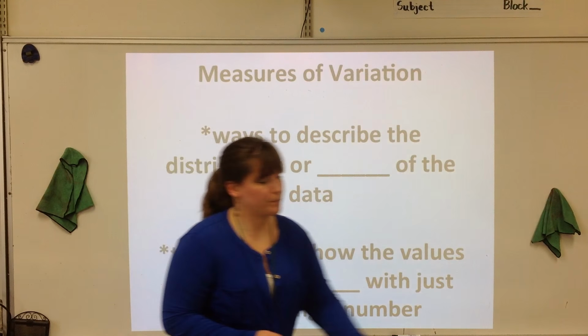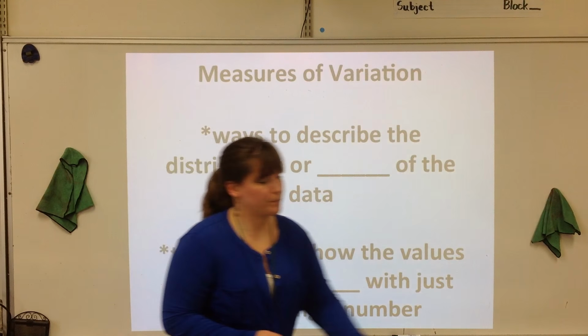So if you look at your orange sheet, we're going to first talk about range. So I want you to open up this first door, and again you're just going to write in behind that door on that lined paper some information, a definition. Okay? So, the range. To find the range, and what is a range?